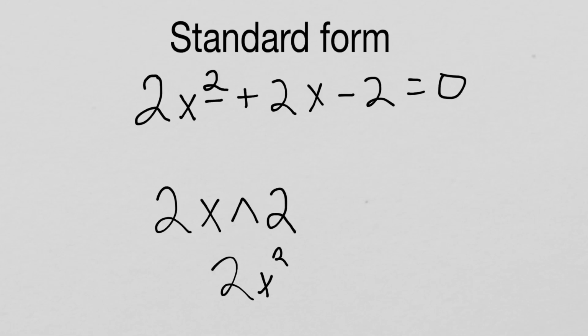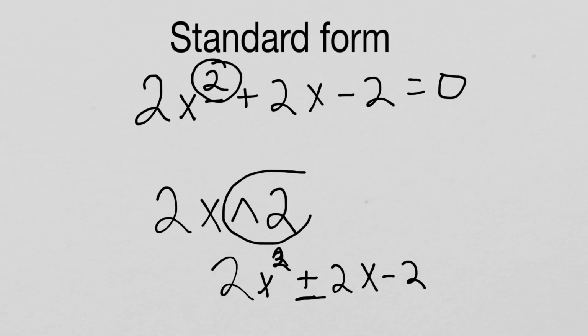If you hit the space bar, to bring it down off of the exponent, then it'll be plus 2x minus 2. So, again, to get this square here, it's 2x caret 2, then the space bar takes it down off of the exponent and allows you to type this plus sign. It just takes a second of practice. The main thing you need to know is this caret 2 gives you the square.